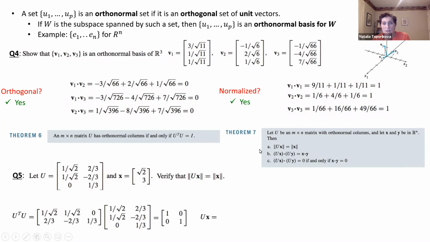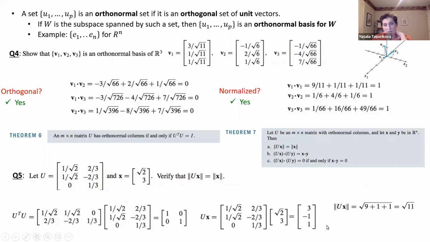Let's calculate the product of our matrix U by vector x. Okay, so that's our vector. We are looking for property A, which tells us that the length of Ux should be the same as the length of vector x.